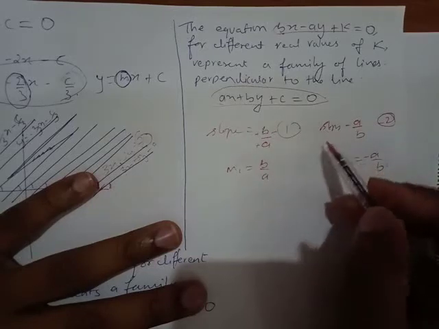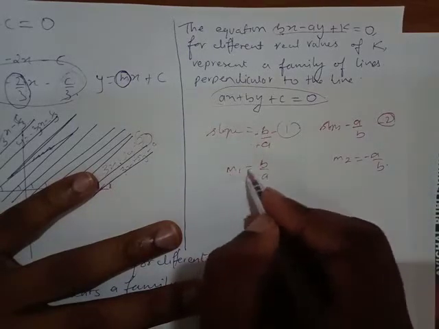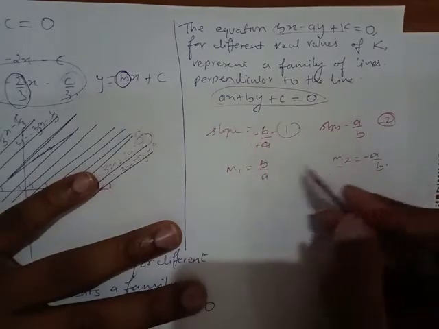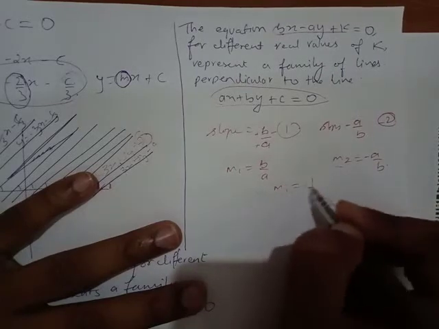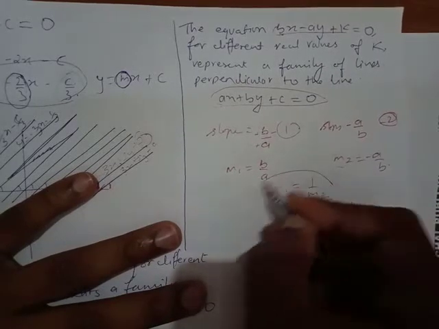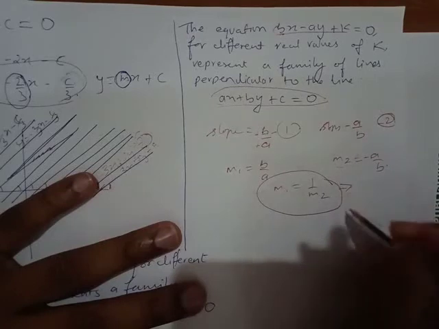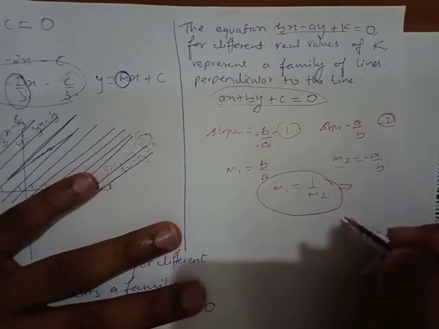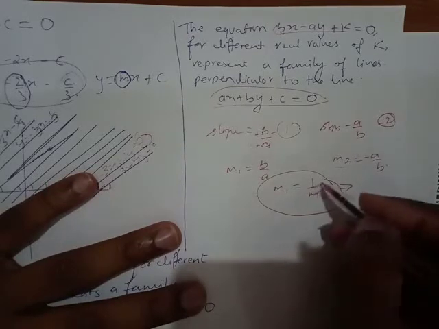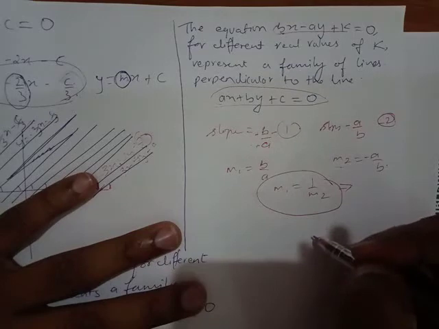If you see both, for this I have kept m1 and for this m2. So m1 is the negative reciprocal of m2. ये कब होता है, जब टू लाइन्स आर परपेंडिकुलर. ओके, ये कब होता है, व्हेन टू लाइन्स आर परपेंडिकुलर.